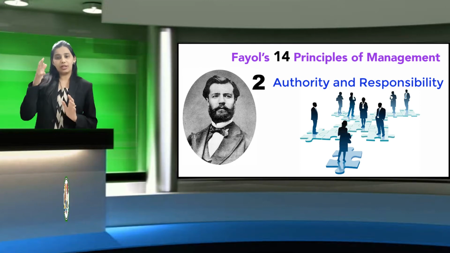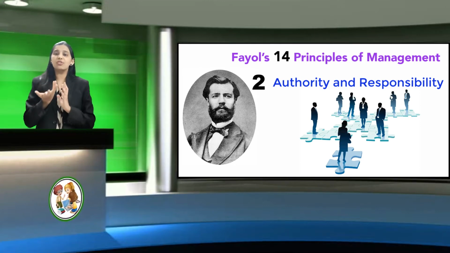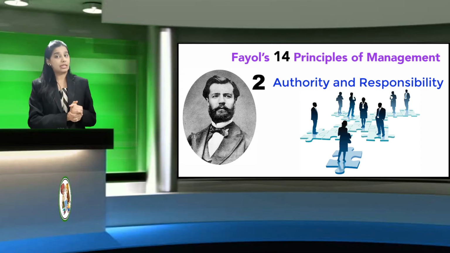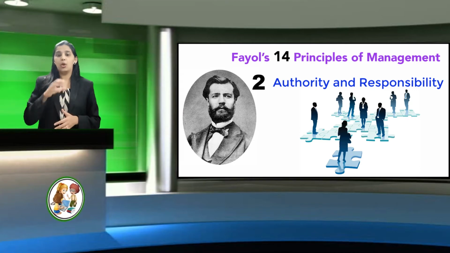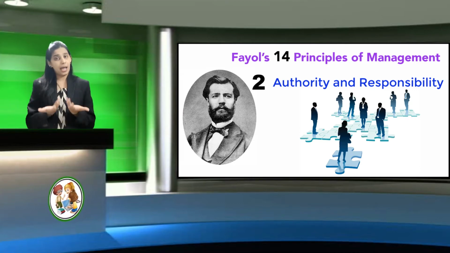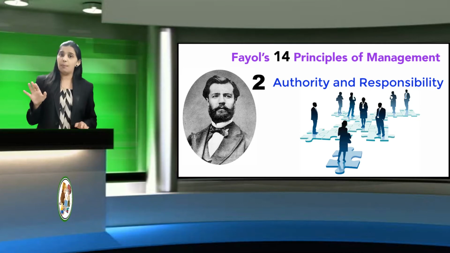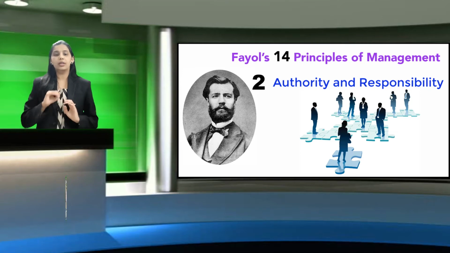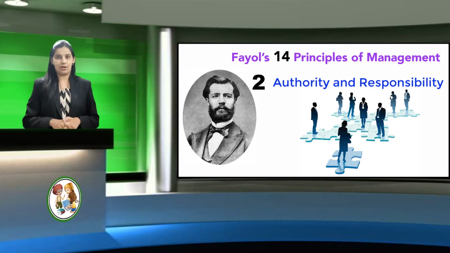This helps an organization to prevent the misuse of managerial power. In this principle, Fayol conceives authority as a combination of official authority, which derives from the manager's official position, and personal authority, which is a compound of intelligence, experience, moral worth, past services, etc.